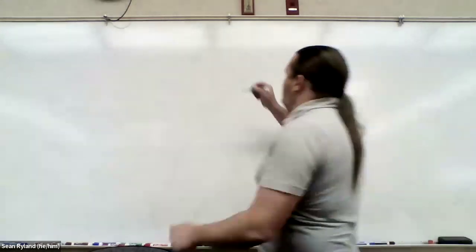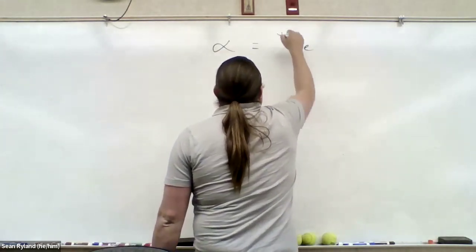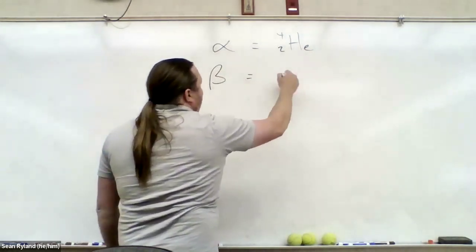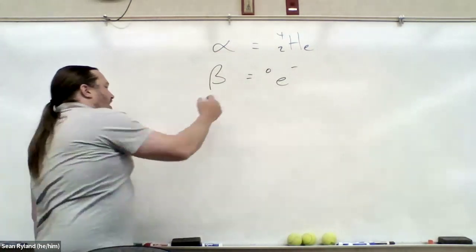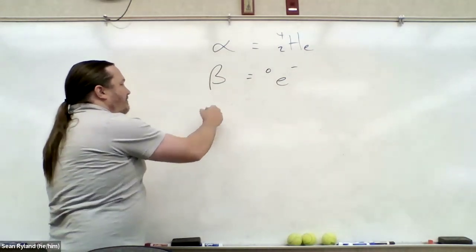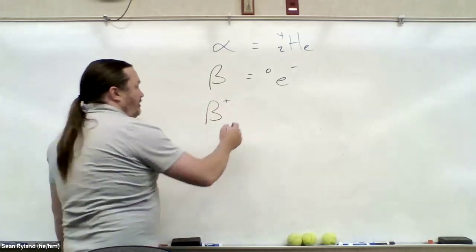In general, when we're talking about radiation, alpha particles tend to be the heaviest types of radiation, because remember, alpha particles are really a helium nucleus, right? About a mass of 4. But then we also had beta particles, which were basically an electron with a mass of 0, right? And then there were some other types of fission that can happen, but then there were the positrons, which were just a positively charged electron.